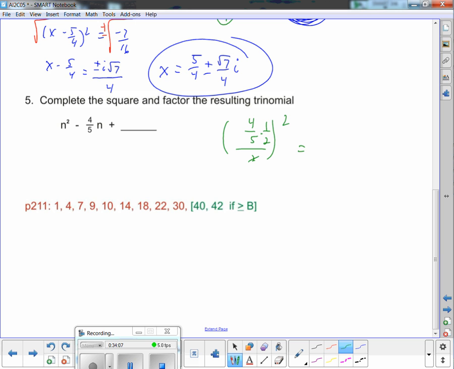So just to be clear, hopefully you agree then, this thing reduces to a 2/5 quantity squared. So hopefully you agree you're putting in a 4/25. Can you finish that now by completing the square? This isn't an equation, so all we're doing is completing the square on this. So what do you get now when you factor that trinomial? Just factor that. Last thing we'll do.